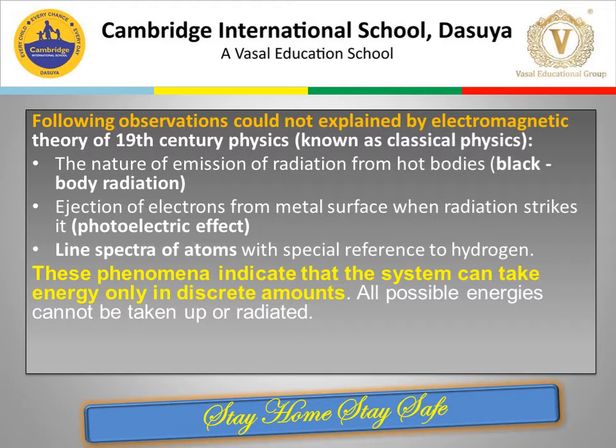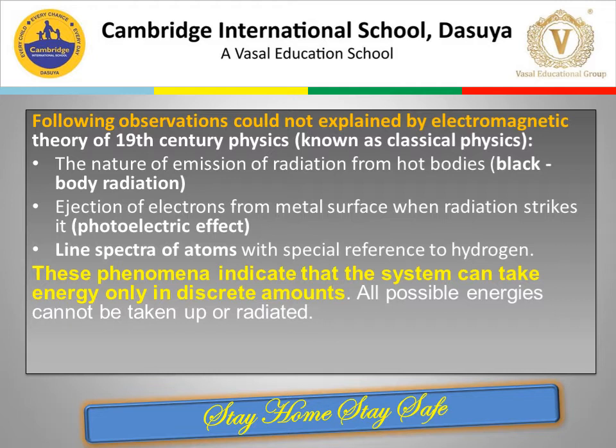It failed to explain the ejection of electrons from a metal surface when radiation strikes it, and that is your photoelectric effect. It could not explain the line spectra of atoms, with special reference to hydrogen.